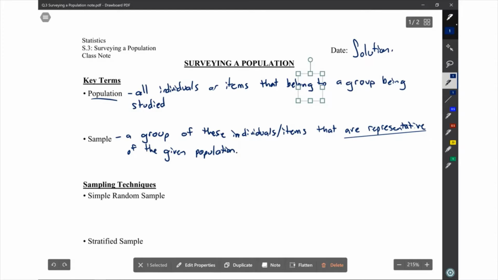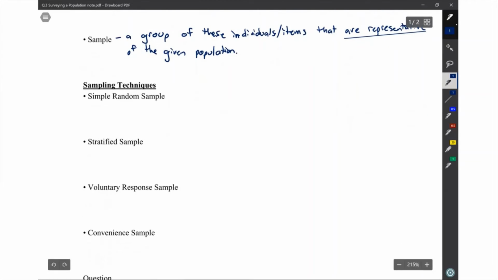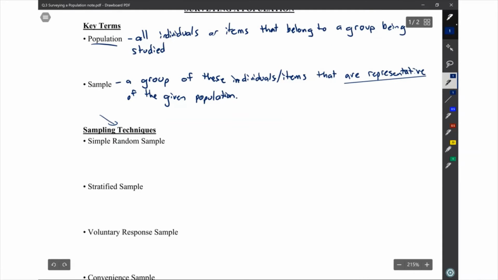You'll see what we mean by representative in a moment. When we're looking at sampling techniques, what we're looking at really is how we choose this sample so that the individuals chosen are representative of a given population.